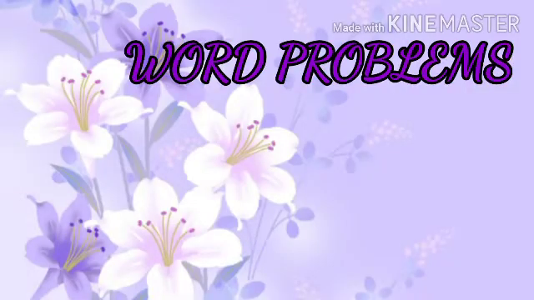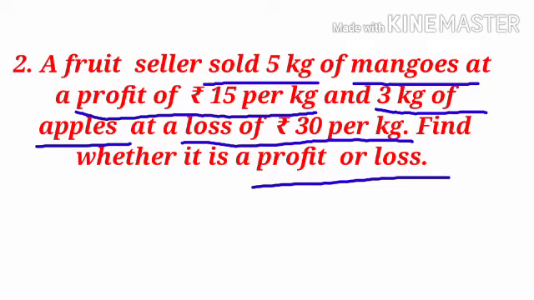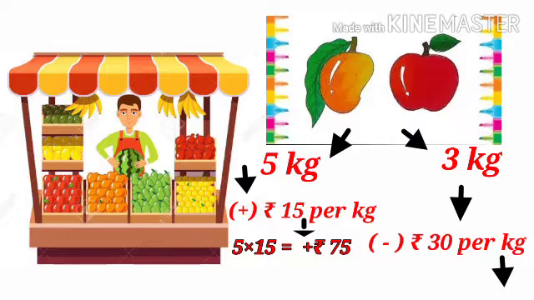Now let us do some word problems. A fruit seller sold 5 kg of mangoes at a profit of rupees 15 per kg and 3 kg of apples at a loss of rupees 30 per kg. Find whether it is a profit or loss. Sales of mangoes.